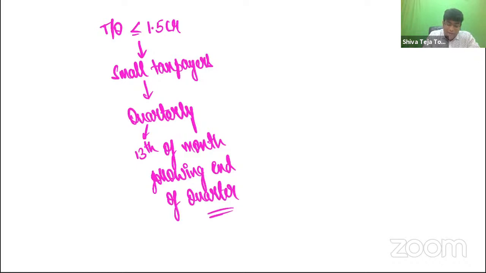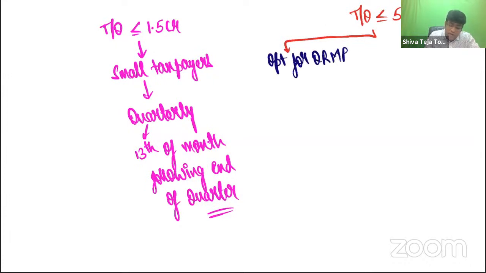Now, the other side, my dear friends, where turnover does not exceed 5 crores. Where turnover does not exceed how much? 5 crores. Now, please listen. Whenever turnover does not exceed 5 crores, there are two interesting situations here. One, they can opt for QRMP or no QRMP.